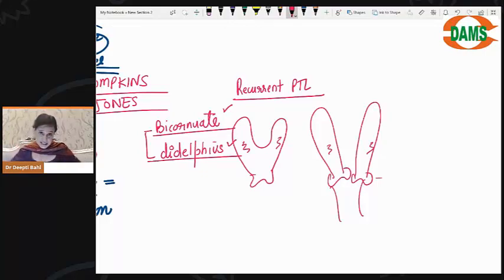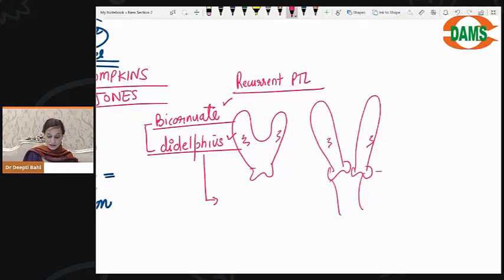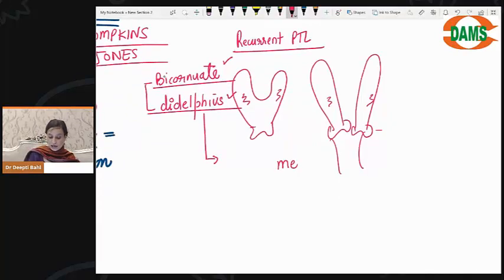Yes, very good. Your own language is, you will join the two cavities simply. So join them and make a big one. Very good. This procedure where we might have to operate for bicornuate or didelphys is called metroplasty, a procedure of joining the two.